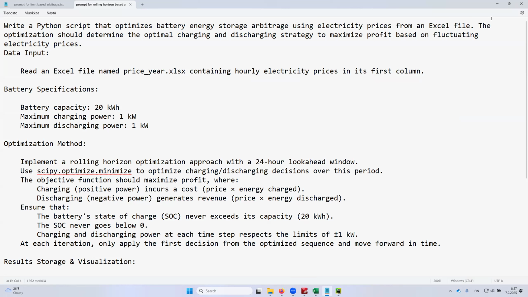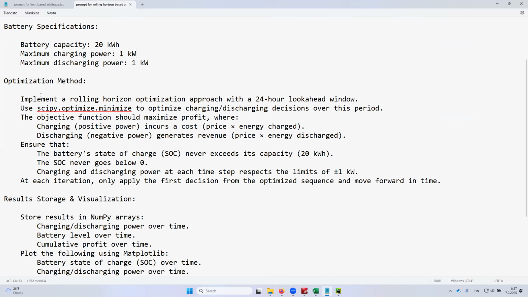So again, we start with this. The data input is going to be the same one. Battery specification is going to be the same one. And now the optimization method. Implement a rolling horizon optimization approach with a 24-hour look-ahead window.